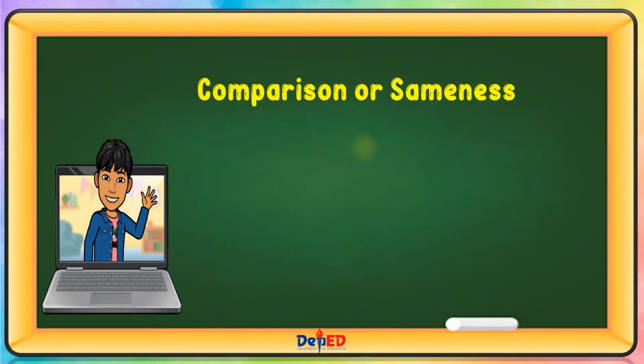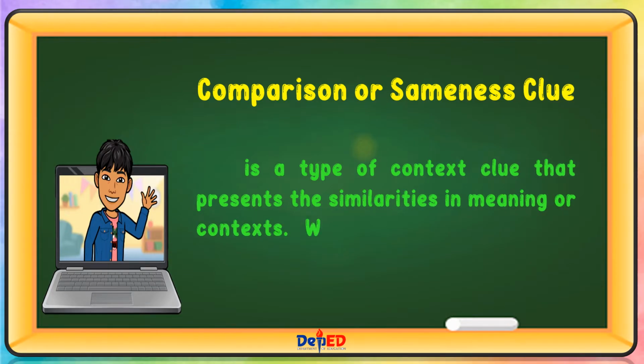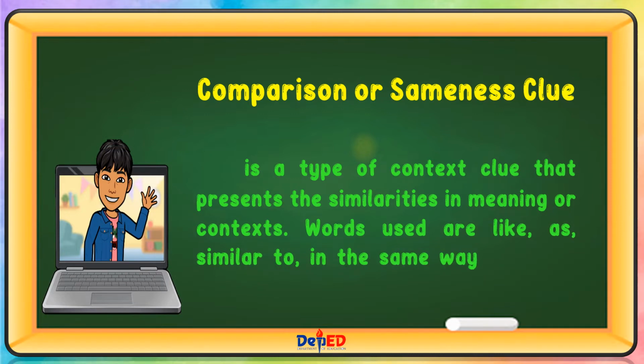Comparison or sameness clue is a type of context clue that presents the similarities in meaning or context. Words used are like, as, similar to, in the same way, likewise, resembling, and also.